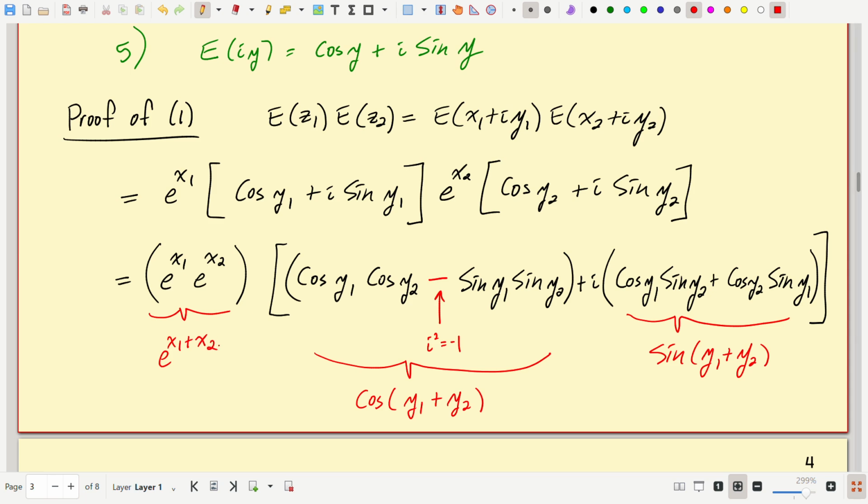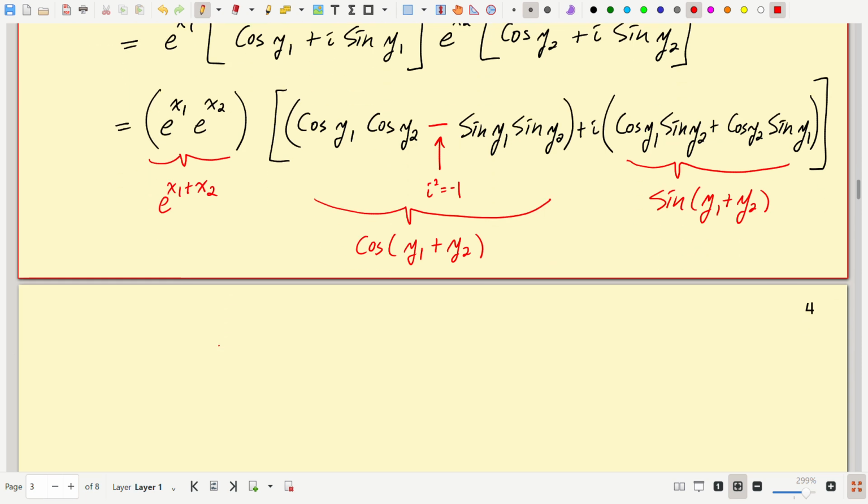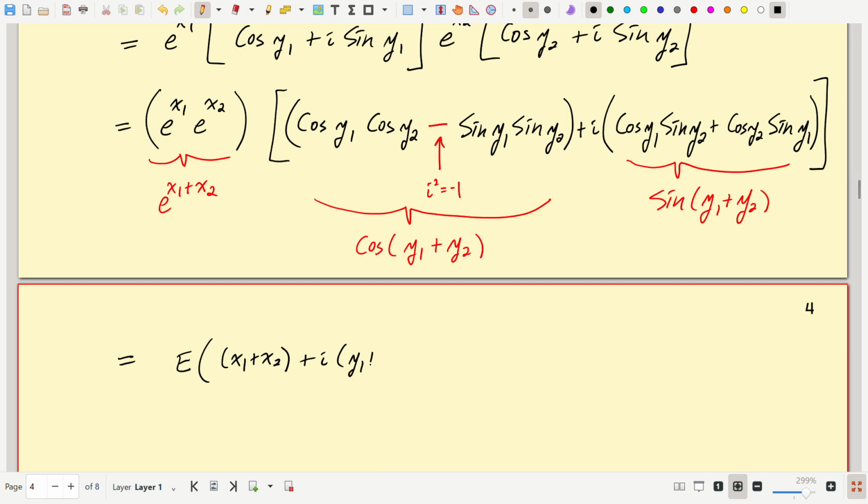We know that basic property of the real exponential. And so when you look at that for a second, you realize, aha, this is equal to e to the (x1 plus x2) plus i(y1 plus y2).